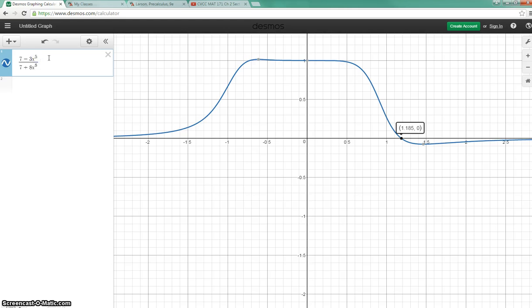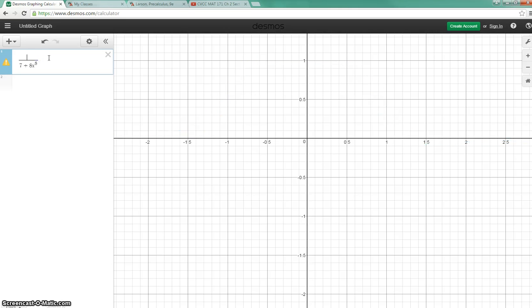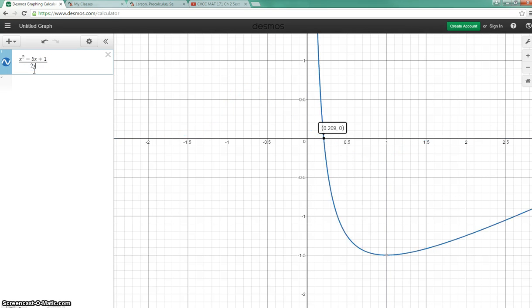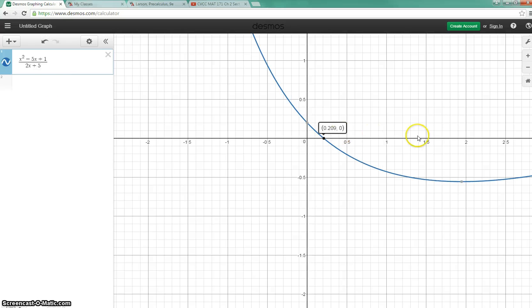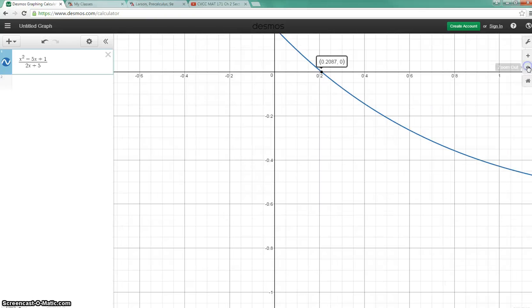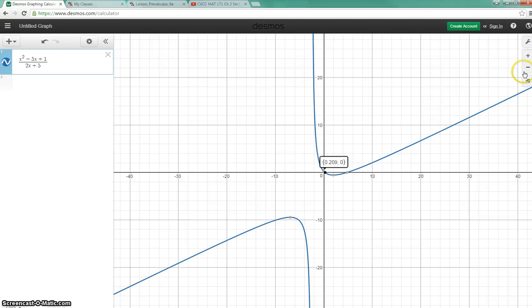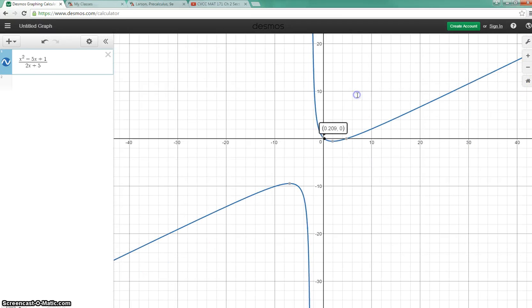So I'm going to make a polynomial that is x squared minus 5x plus 1, and in the denominator let's just have 2x plus 5. Let's back this thing up. I can look at this function, and the asymptote I have is actually right here. This is a slant asymptote.